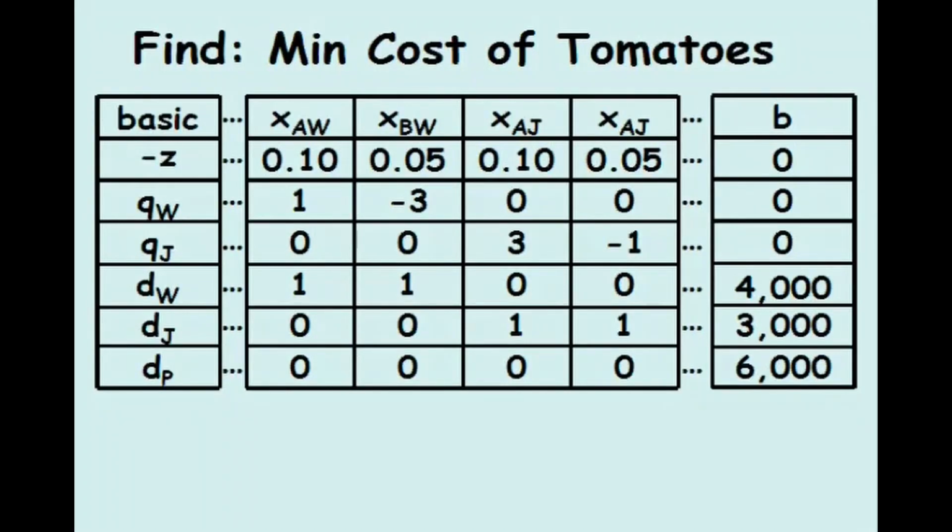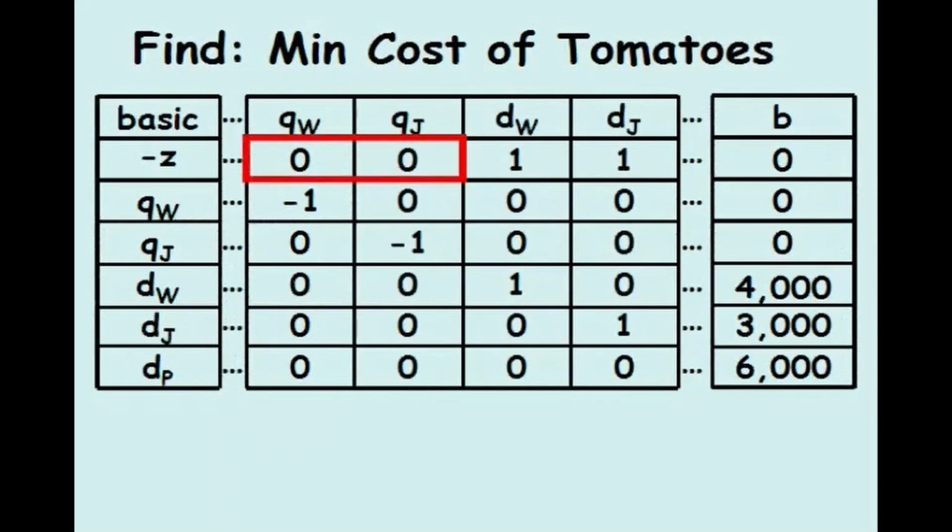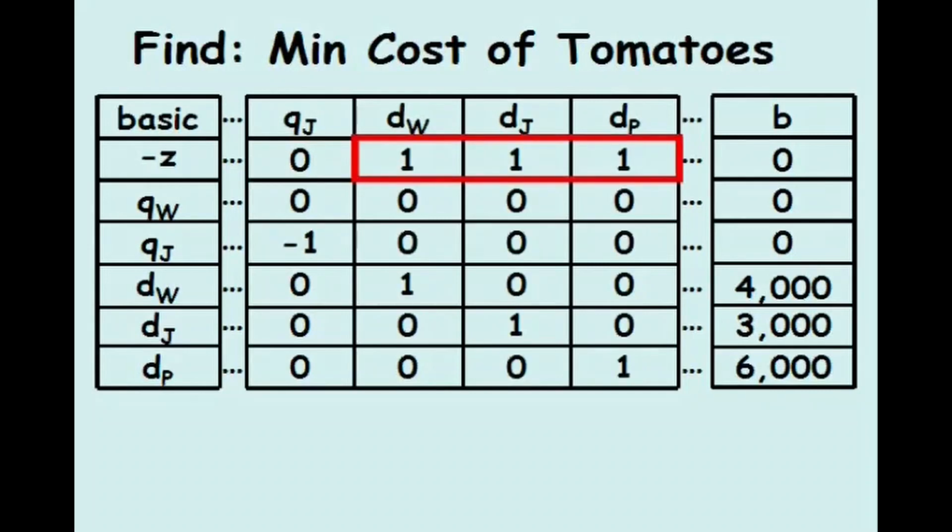The initial costs associated with the Q variables is 0, since there is no penalty if the quality of the product is higher than the minimum. However, the decision variables dW, dJ, and dP are assigned the high cost of 1 as a penalty so that the supply is at least the demand.